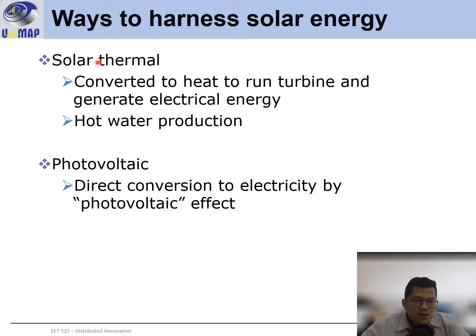We can also use the heat we collect from the sun for hot water production, to be used for house heating or factory heating. The other technology, which most of you are already familiar with, is photovoltaic. This is the direct conversion to electricity by using the photovoltaic effect.